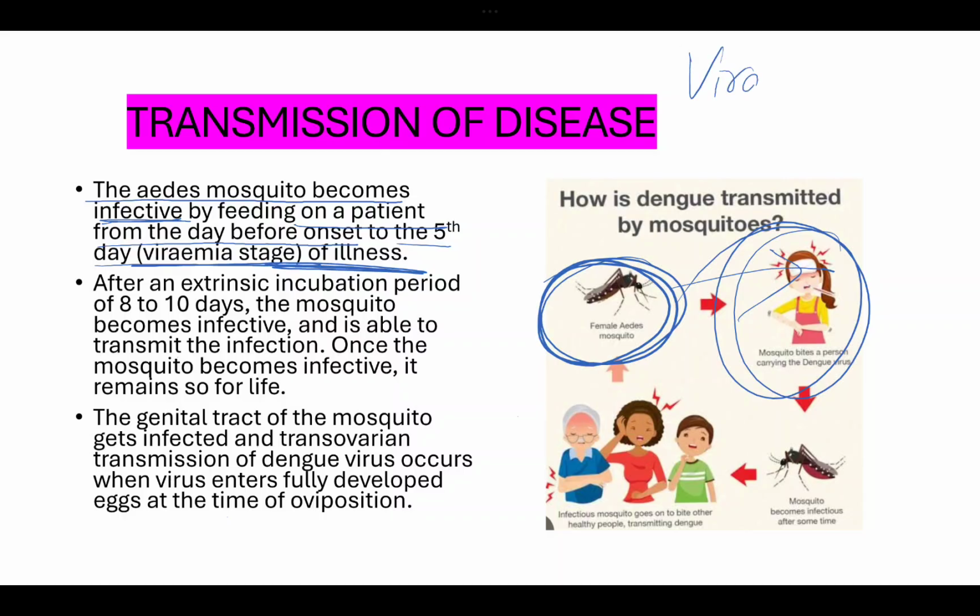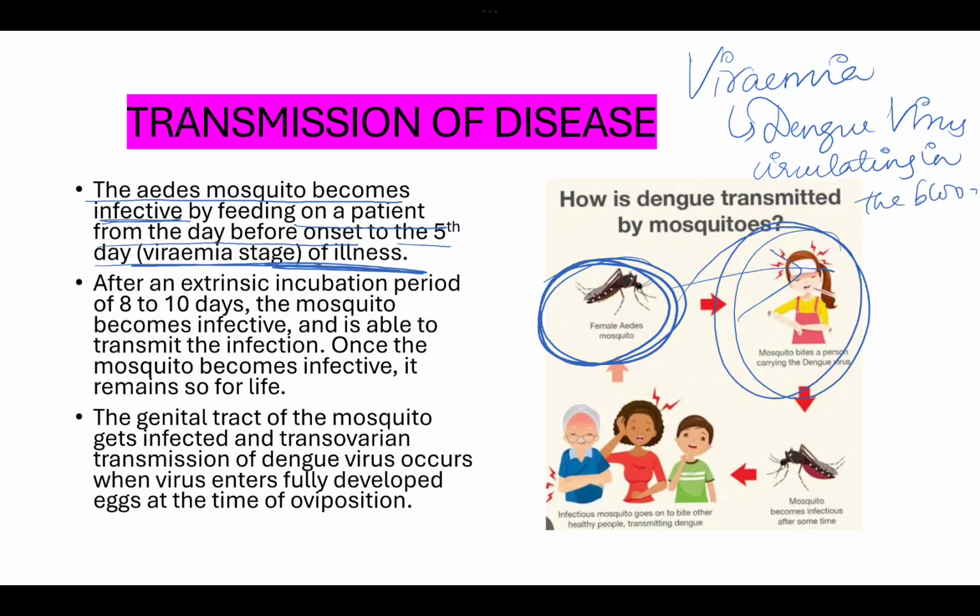What is viremia? Viremia is the dengue virus circulating in the blood. When does the viremia stage occur? It is from a day before onset to the 5th day of the illness. Is it clear?